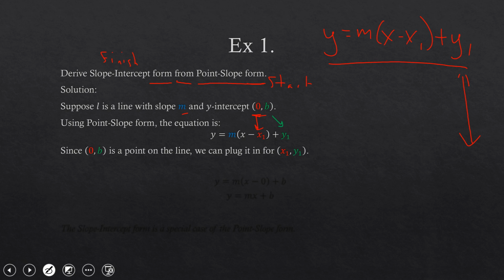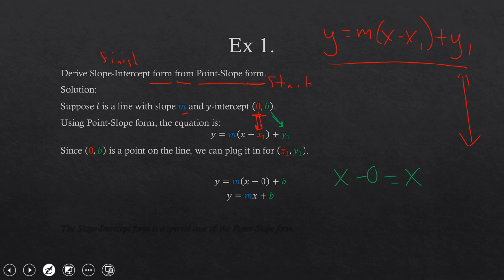So (0, b) is on the line, so we can plug it in for x1 and y1. So that's what it looks like now. y equals m(x minus 0) plus b. And any number minus 0 is just that original number. So x minus 0 is just equal to x.